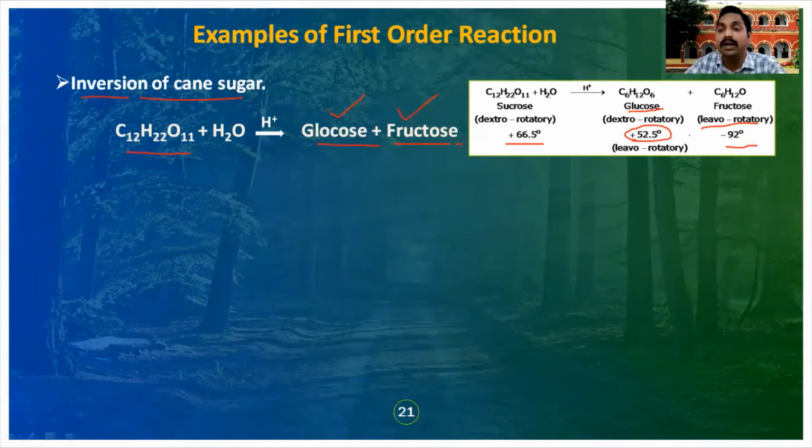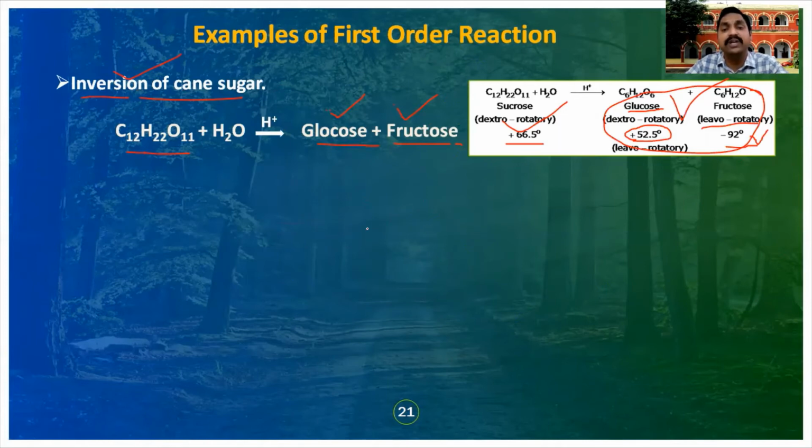So overall minus 92 plus 52.5, which means almost 39.5 degrees it is more negative. So it means the overall mixture will be levorotatory. At the starting it is dextrorotatory, but the overall mixture is levorotatory. That is why this reaction is known as inversion reaction.